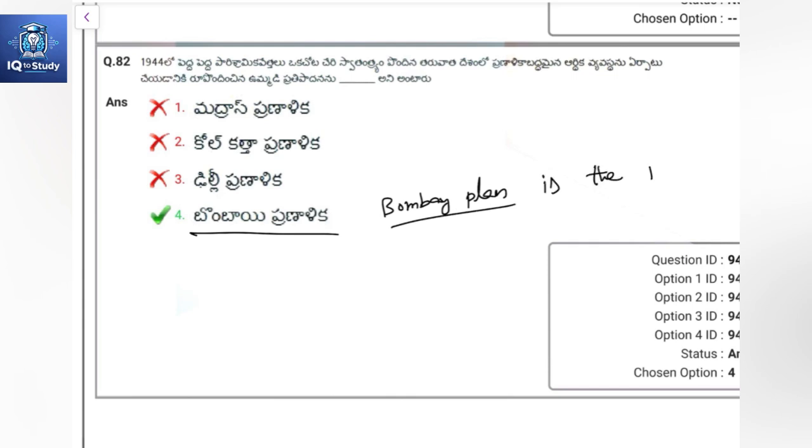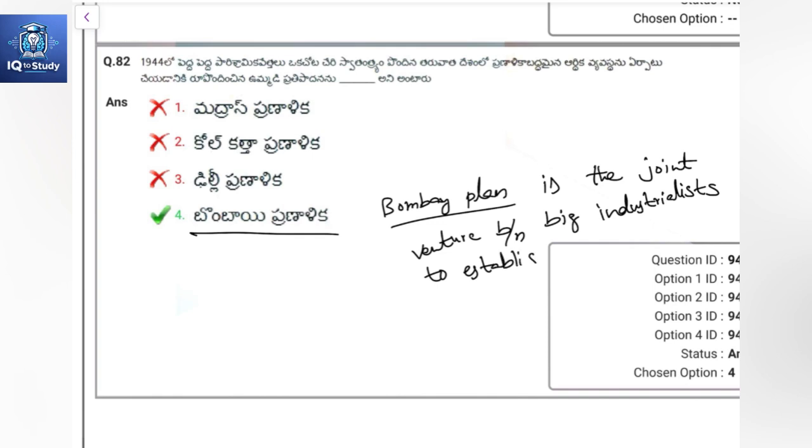Bombay Plan is a joint venture between big industrialists to establish a planned economy in the country after independence.